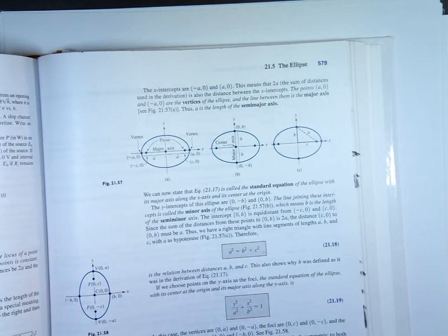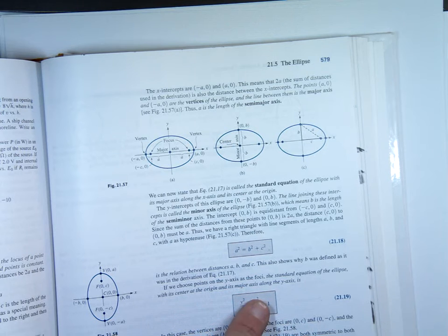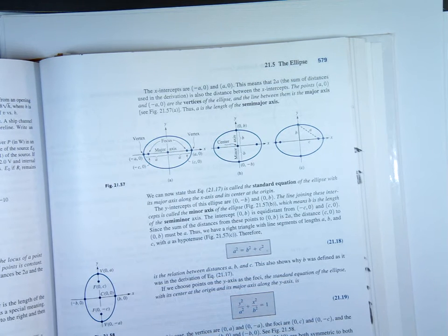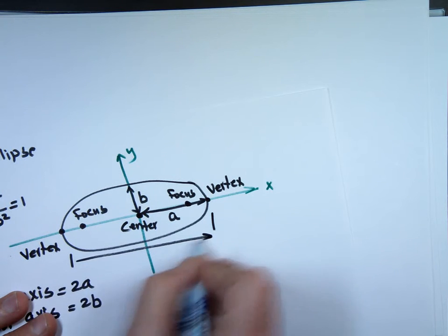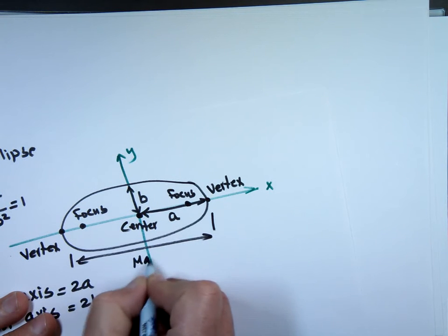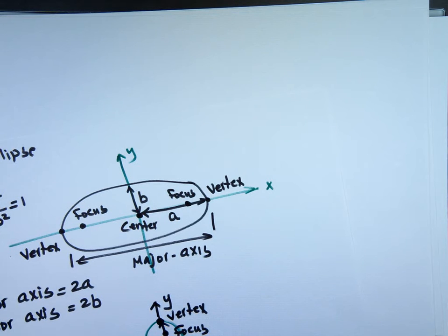If it's up and down, again, the equation is y squared over a squared plus x squared over b squared equals 1. So this is your major axis, that distance. And this distance up and down here is the minor axis, the little distance.